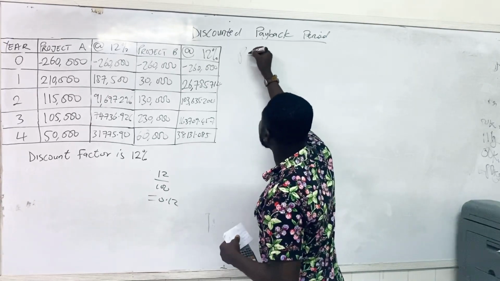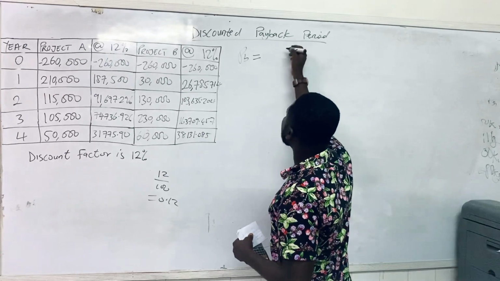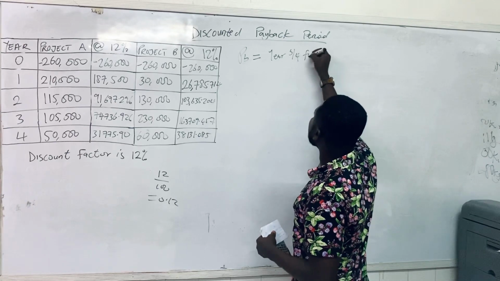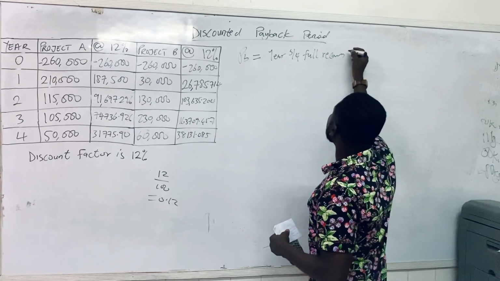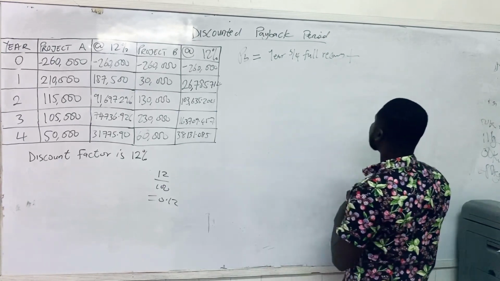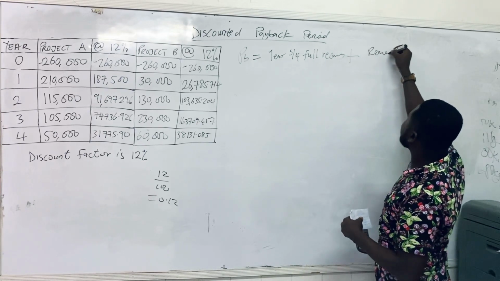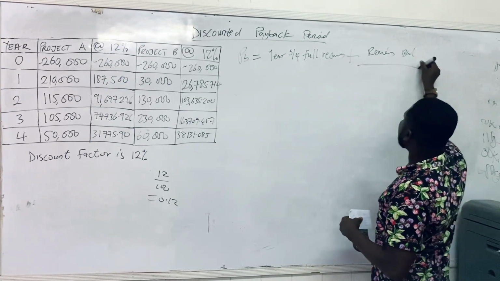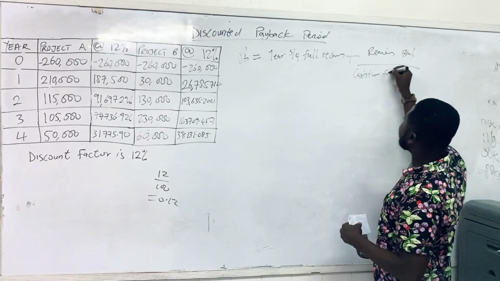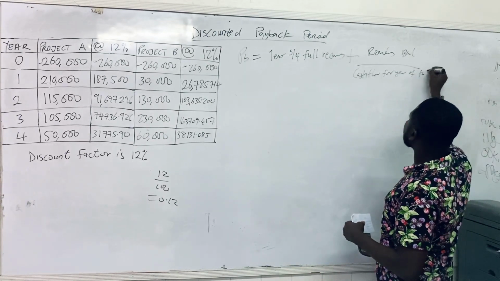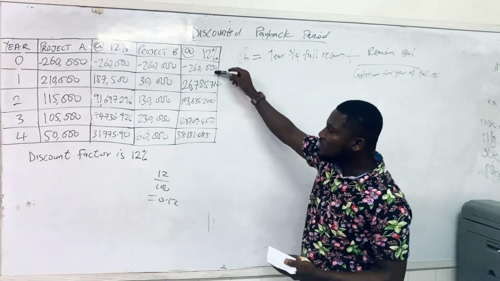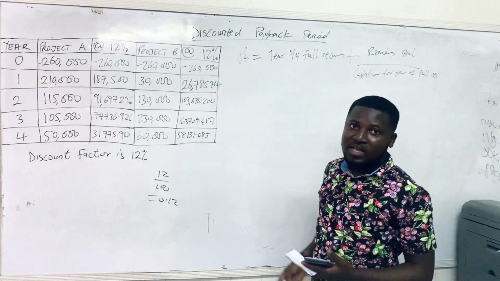So payback period is equal to year before full recovery plus remaining balance all on the cash flow for the year of full recovery. Okay, so year before full recovery: now we are still working with 260,000 as our initial investment.